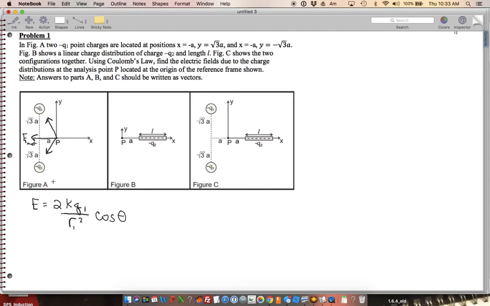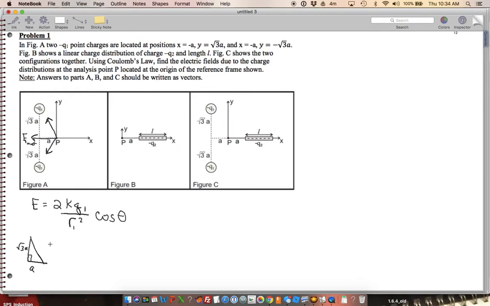So if I think about what my r1 is, my r1 is the distance from P to my charge, and I can see that that's a right triangle, with side a, square root of 3a, and then I need to find the hypotenuse. Looking at it, it's a 1, 2, square root of 3 triangle, but we can figure that out too. If I just draw this triangle, sorry my drawing's not that great, this is, say, a, this is square root of 3a.